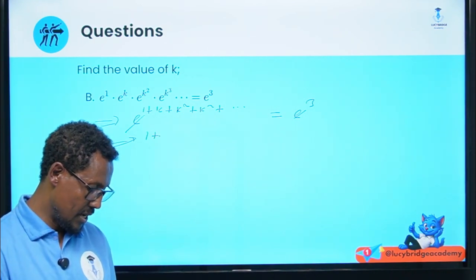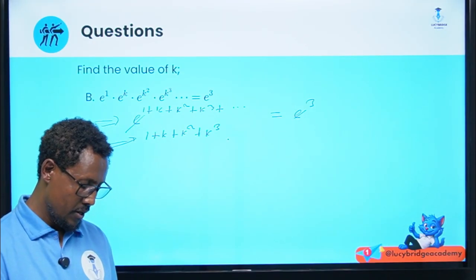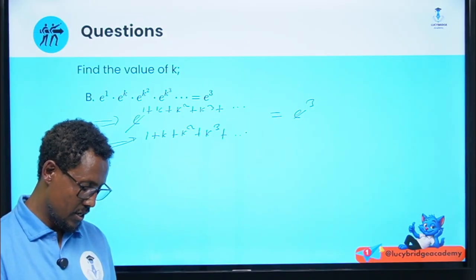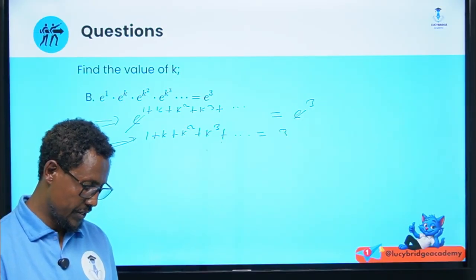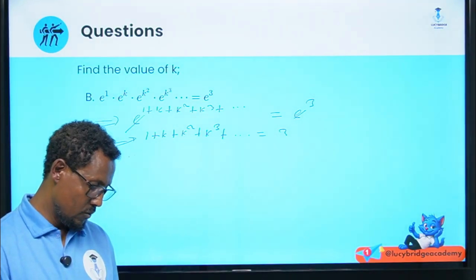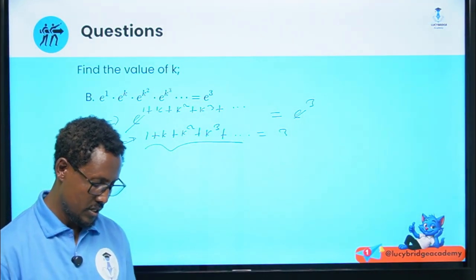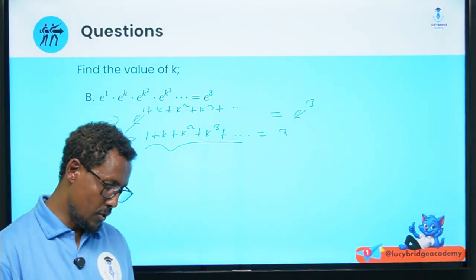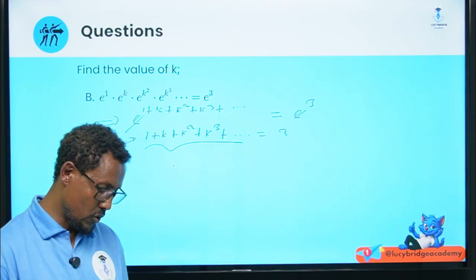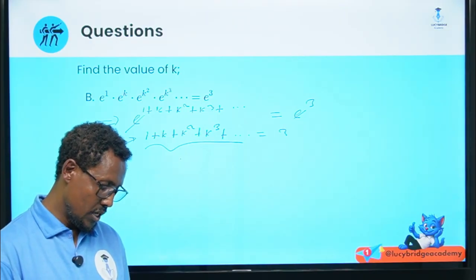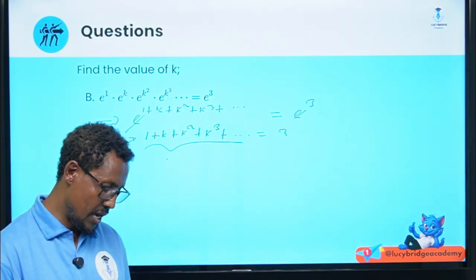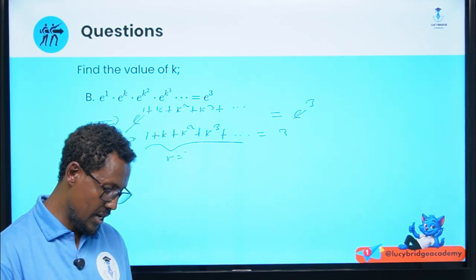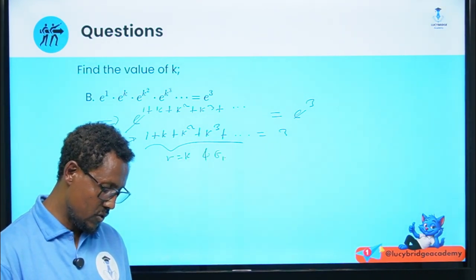1 plus k square plus k cubed plus it continues is equal to what? Is equal to 3. Now look, this series, look the series. It is a geometric series. This is a geometric series with common ratio R, which is equal to k, and G1, which is equal to 1, okay.